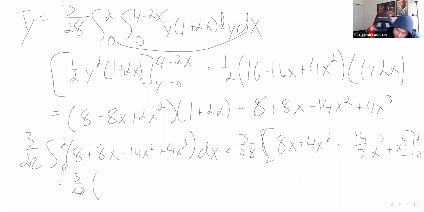And so we get 16 plus 16 minus 14 times 8, which is 112, over 3, and then plus 16.